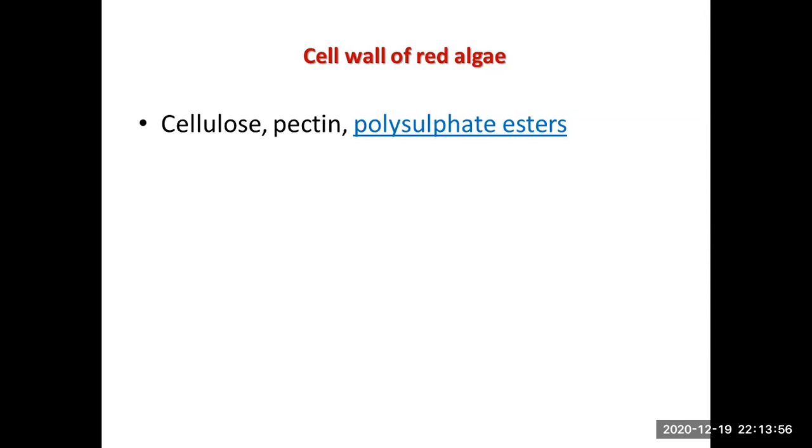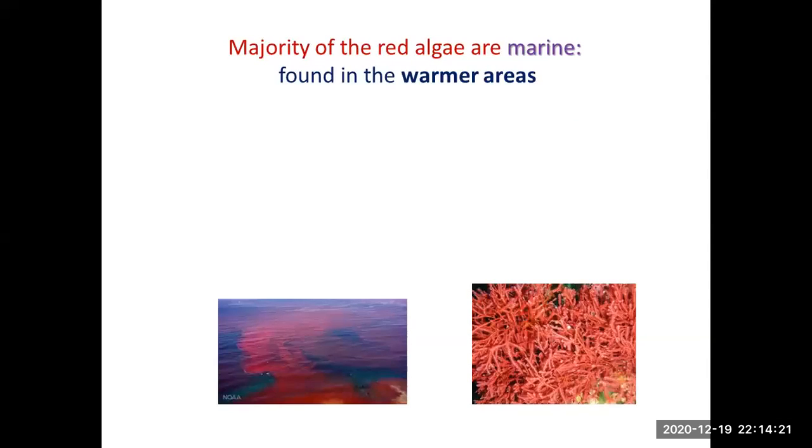Cell wall of red algae is made up of cellulose, pectin, and polysulfate esters. Majority of red algae is marine, found in warmer areas.